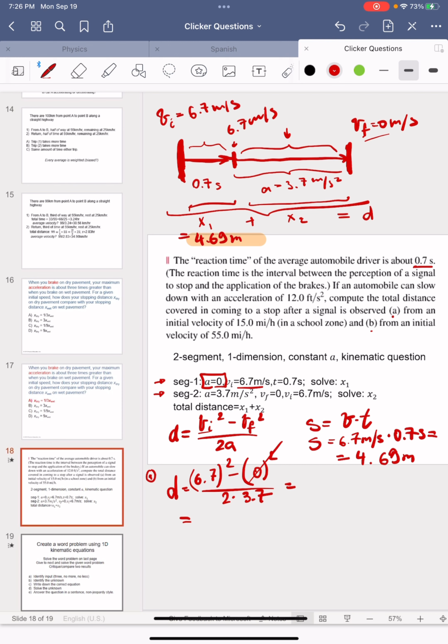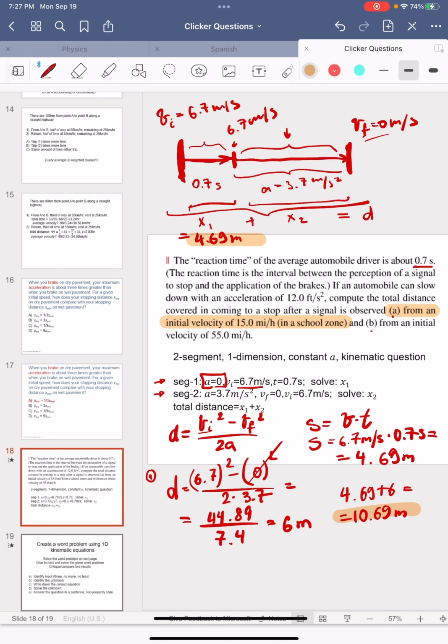So we won't have this 0, we'll just have 6.7 squared, which is 44.89, divided by 7.4, which will give us 6 meters. And now we can just add 4.69 plus 6, and we'll get 10.69 meters for the A part.